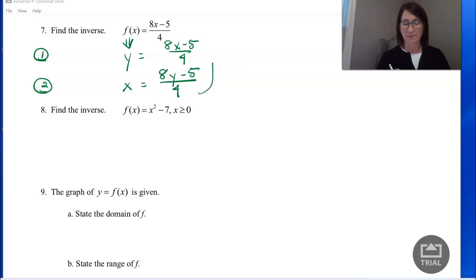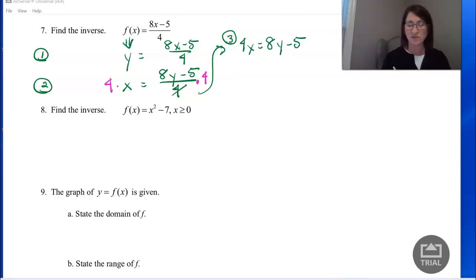Now step number 3, solve for y. Well, I'm going to multiply both sides of my equation by 4 in order to get rid of that denominator. And so when I do that, I end up with 4x equals 8y minus 5, because these 4's reduced. I'm going to add 5.